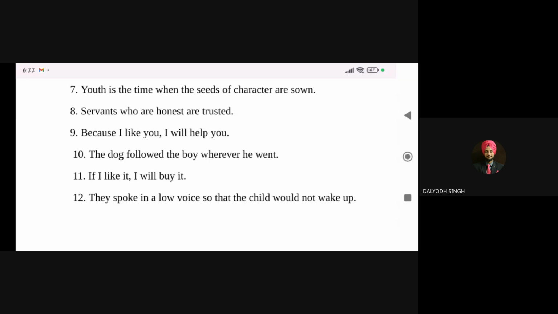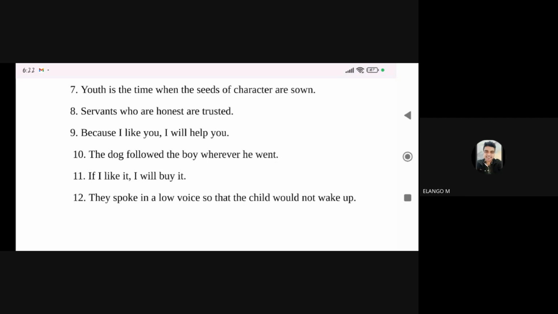So that the child would not wake up. Again, adverbial, ma'am.